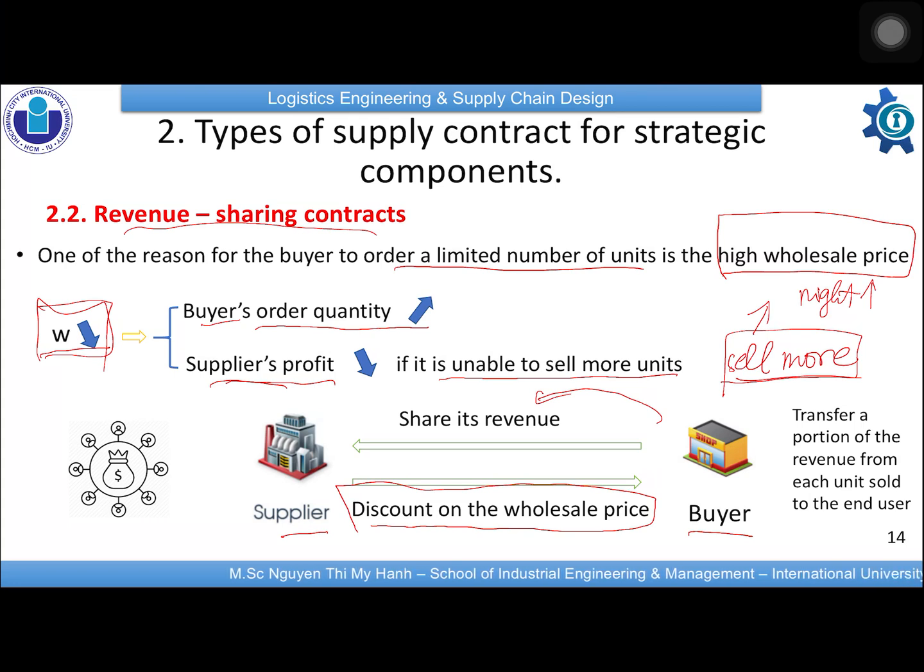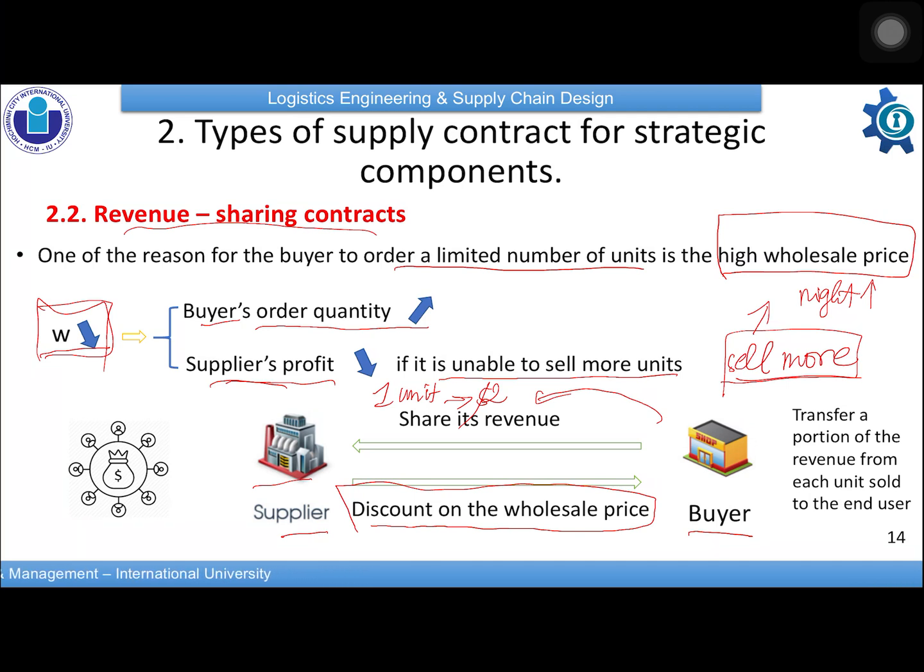And here the buyer has to transfer a portion of the revenue from each unit sold to the end user and share it with the supplier. So for example, if I sell 1 unit, I will share with them $2, for example, or 10%. So that is the revenue sharing contract.